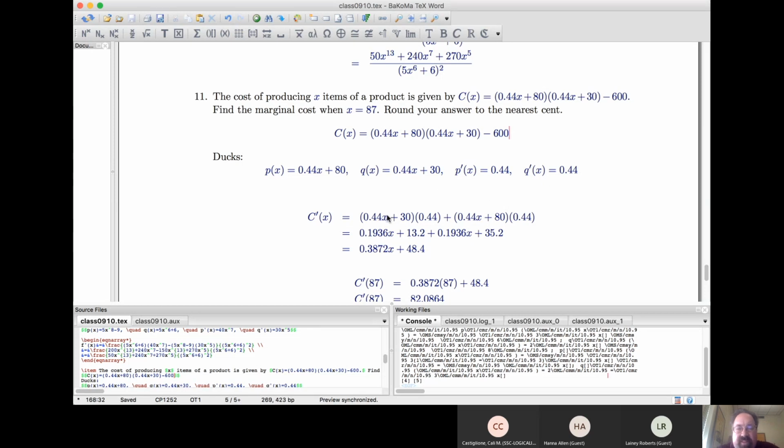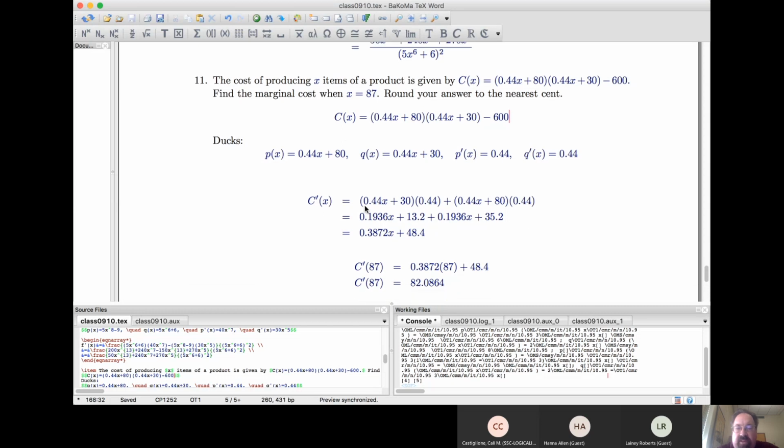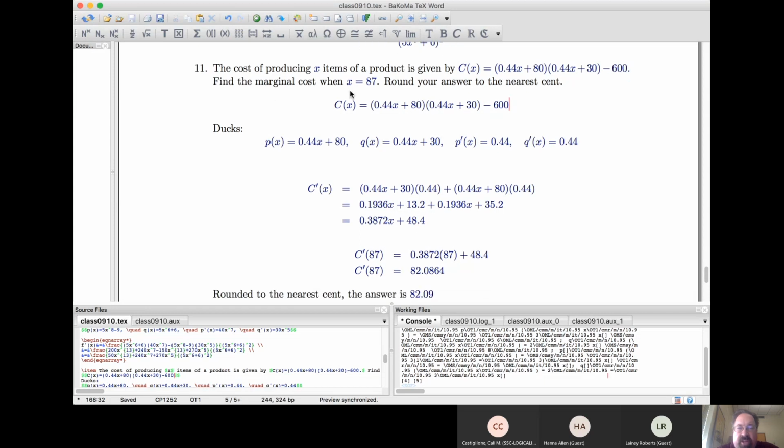All right. So we have our ducks in a row. So then we have our middle 2 factors go here, plus these 2 factors going here. So q p prime plus p q prime. Then, as usual, multiply it out, combine any like terms that we have, and then we substitute in x equals 87 to get the marginal cost at that number of items.